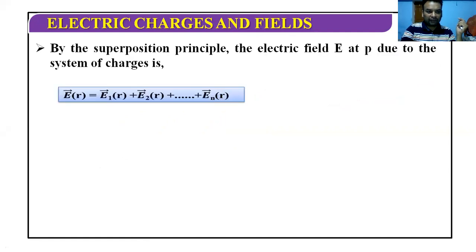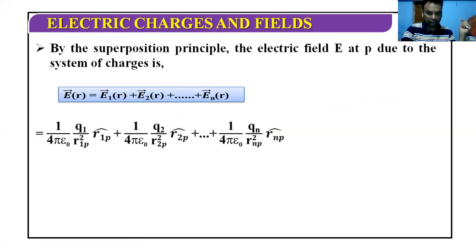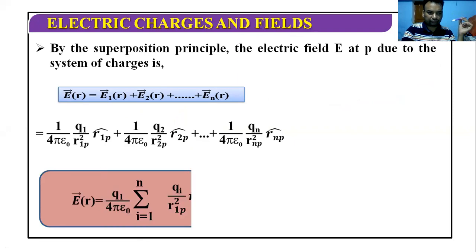Finally, we will add all the fields, E1 plus E2 plus E3 and so on, and we will find the final or net electric field at point P due to all these charges. This will be our final expression. Put the value of E1, E2, E3 and En, and then we will get this equation.